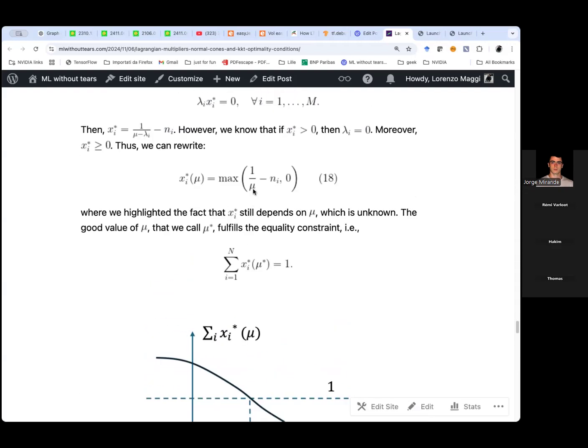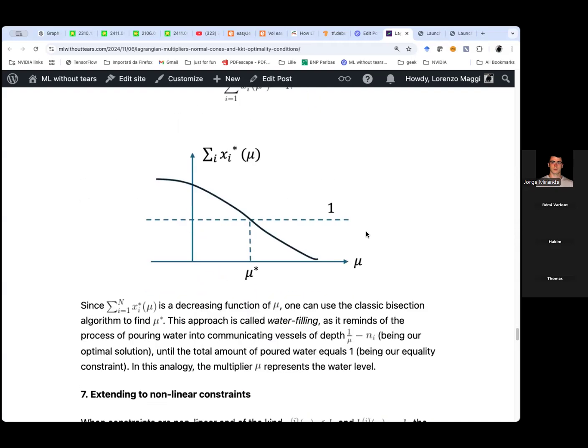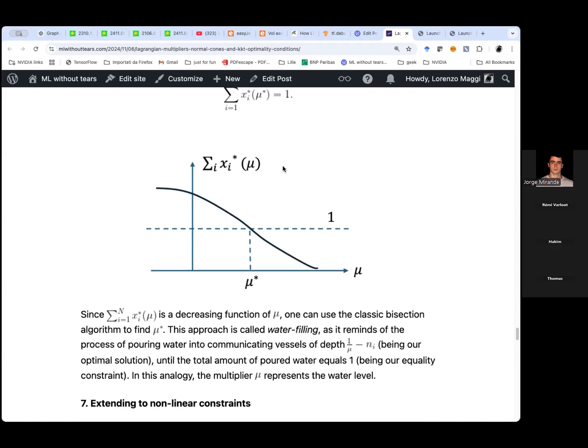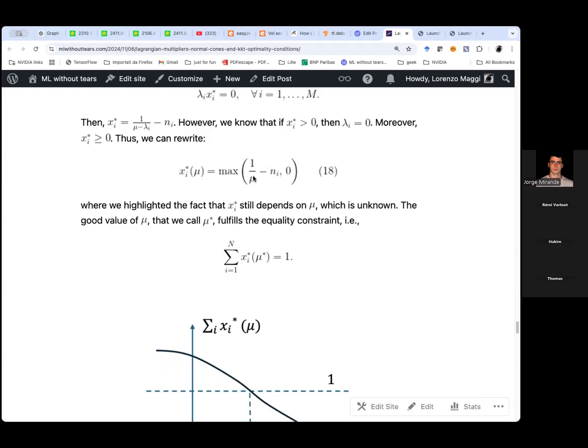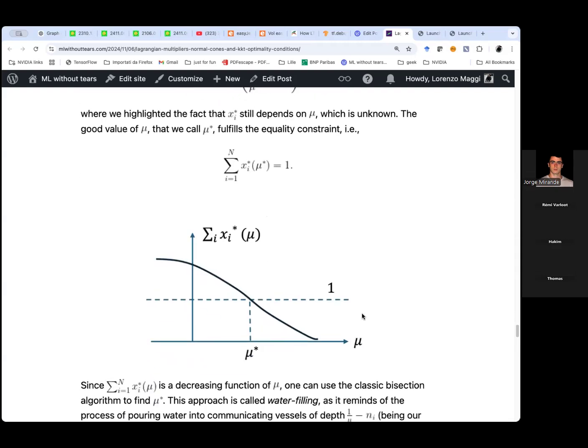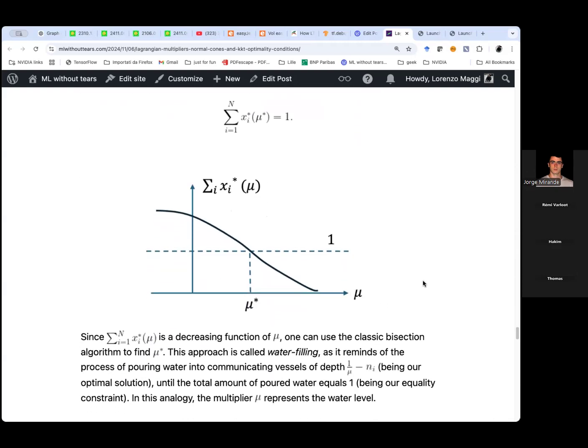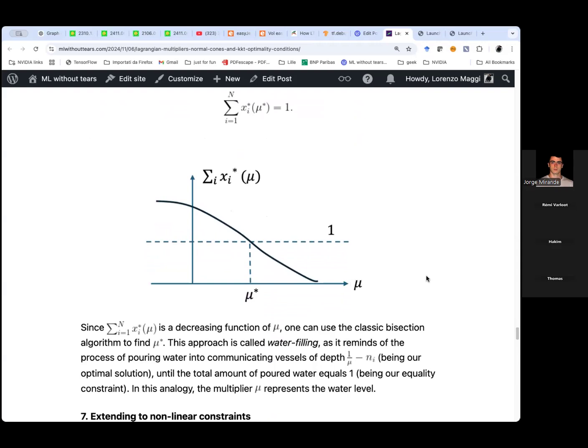If mu increases, this decreases, so the whole sum decreases. So we can just use bisection search, for example. We don't know mu, but we want the root of this function. Easy.